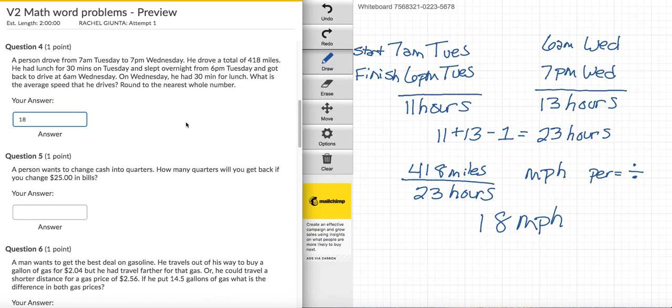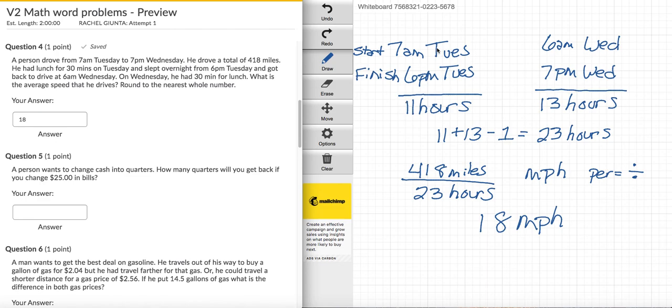But the instructions should be clear as to exactly what you should enter, whether you should enter miles per hour or anything like that. More than likely, here's my guess, there'll be a blank, and next to it, it will say miles per hour in words, indicating that you're just going to put the number in the blank. So those are the steps for this one.